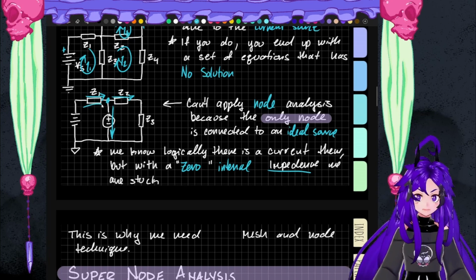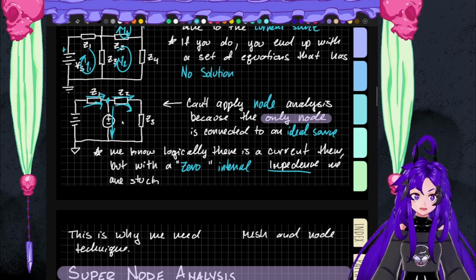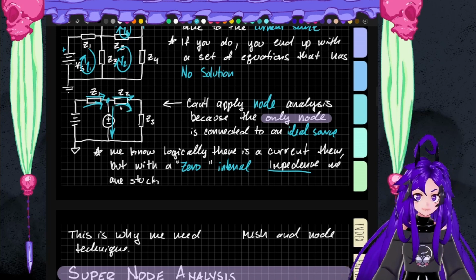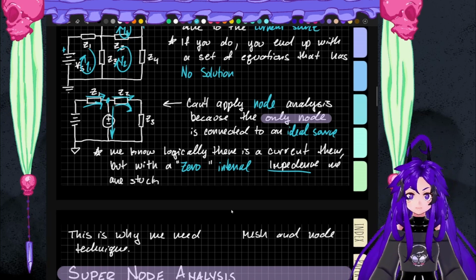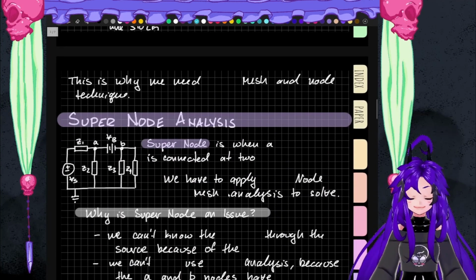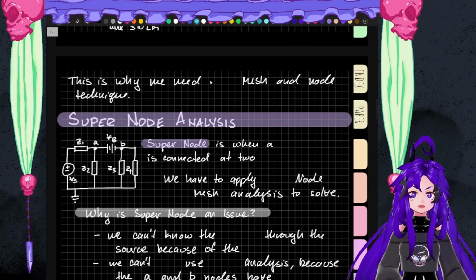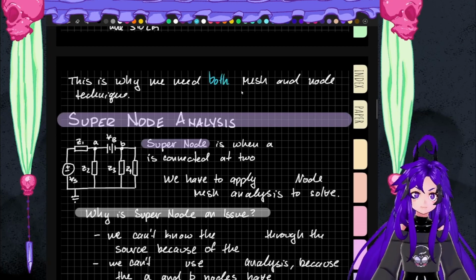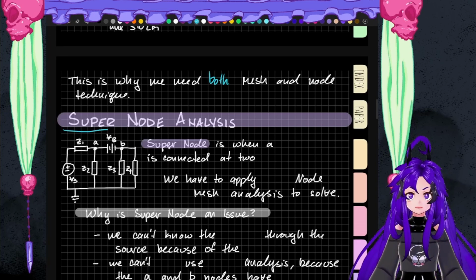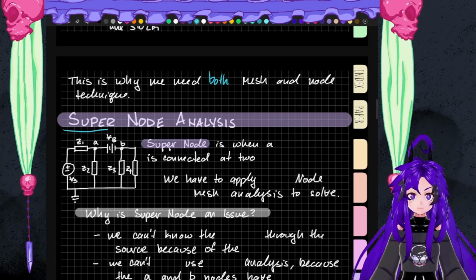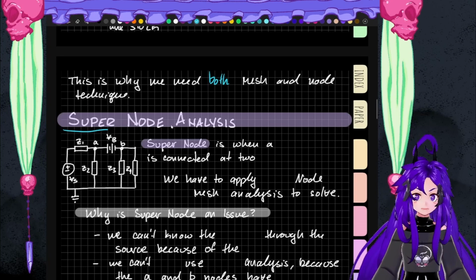We can find the current here, and we can probably find the current here as an equation, but we can't actually get a value using Ohm's law. So this is why we need to know both mesh and node techniques, because when we're looking at supernodes and supermeshes, we'll end up having to apply both of them.